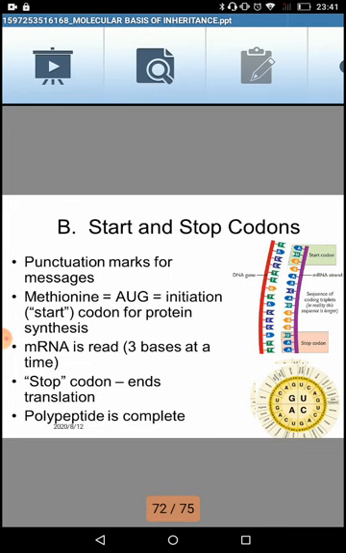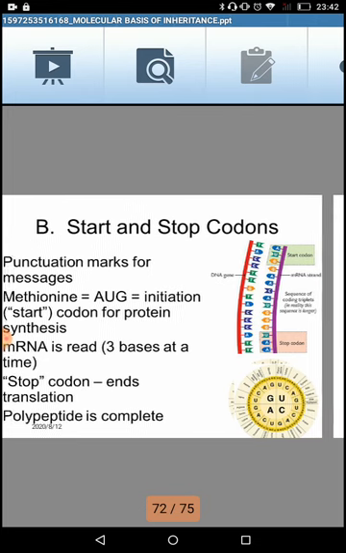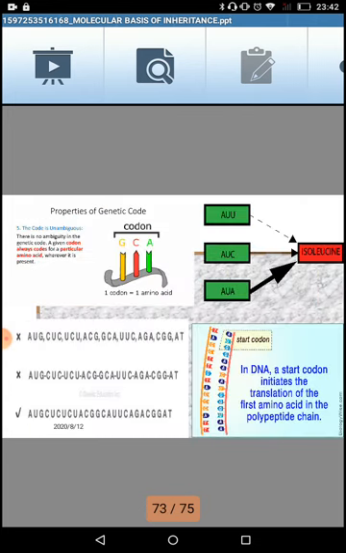So AUG is the initiation one, and these three, UAA, UGA and UAG, are called stop codons, and they will stop the translation there, making a polypeptide chain complete. This is the first property, the first salient feature of the genetic code. Now we go for the next one.